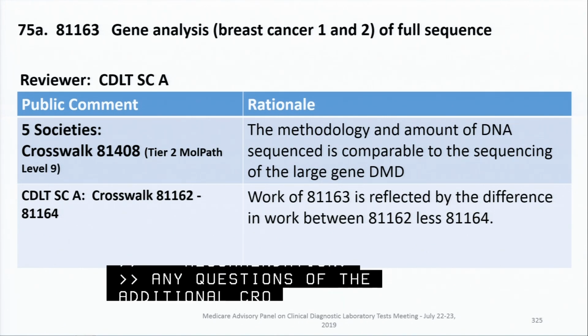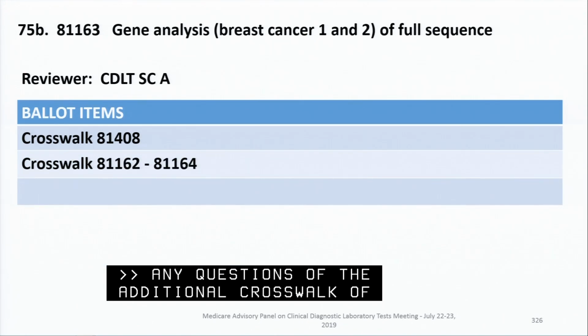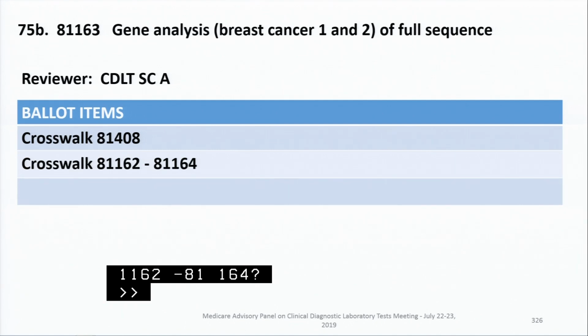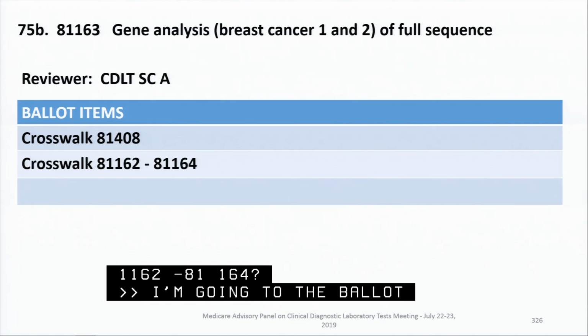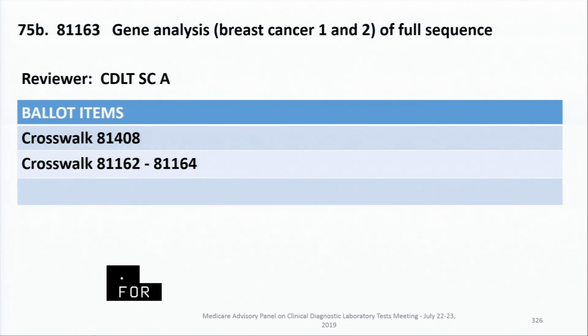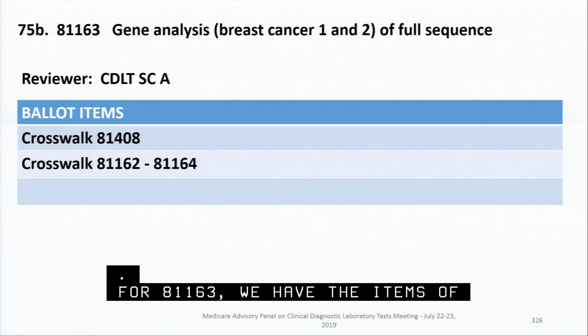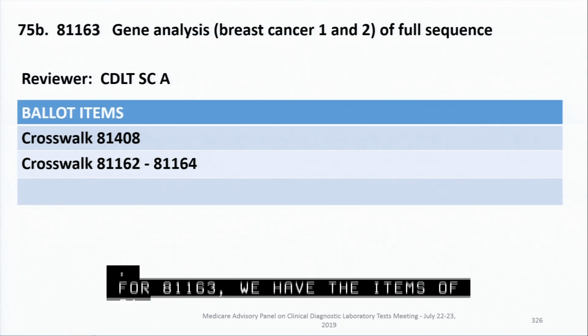Okay, none. So I'm going to go to the ballot slide, and so for 81163, a reconsidered code, we have the ballot items of 81408, second crosswalk of 81162 minus 81164, and hold on a second.